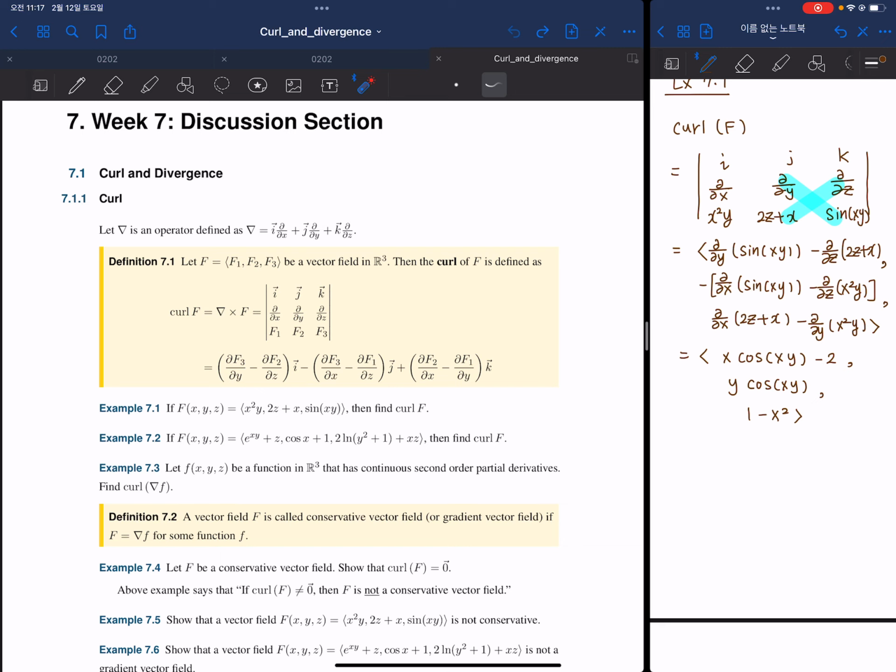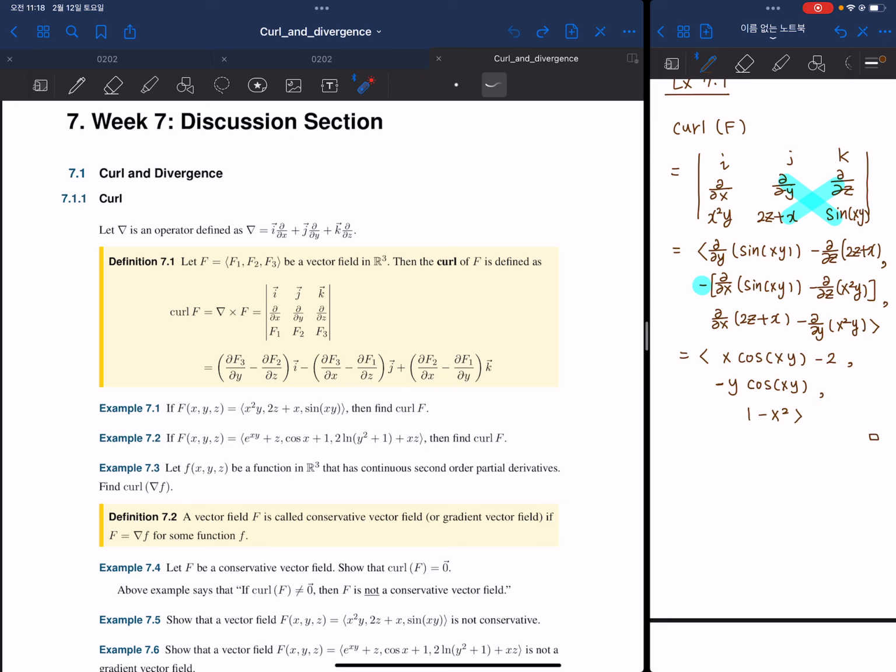Right, so that actually is our curl, and I think I missed a negative sign. Yes, so you can see that I need to say the second coordinate here has a negative sign, so that yes, it is our curl of f.